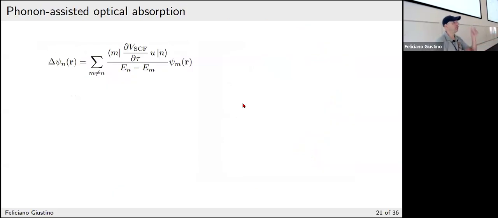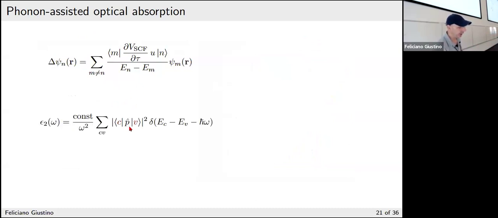Let me now show you the second example, which is about change of the wave functions. So why do we care about that? This is basically what happens to the wave function of a constant state if you distort the lattice. So let's imagine you want to figure out why this is important in optical properties. Here I'm writing the simplest form of the dielectric function of a solid in terms of oscillator strengths.